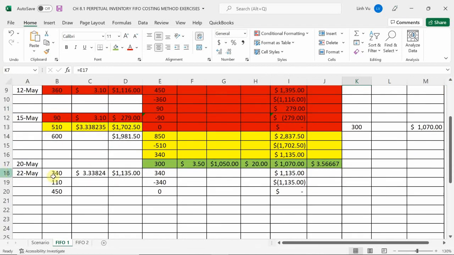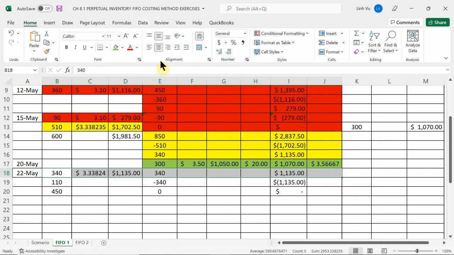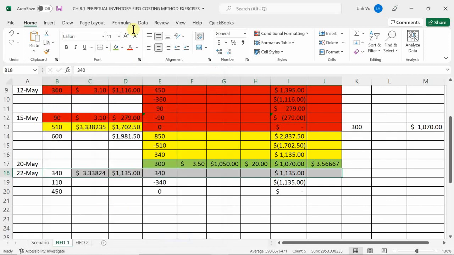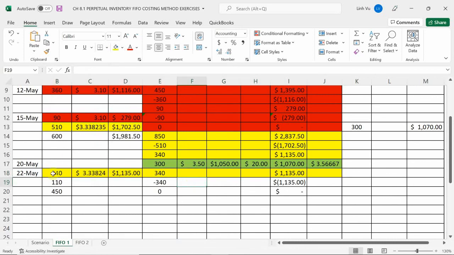Okay? I already did my calculations here, right? Saying that, I took 450 minus the 340, right?